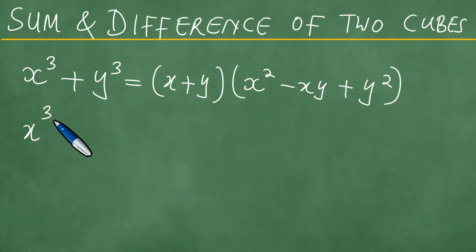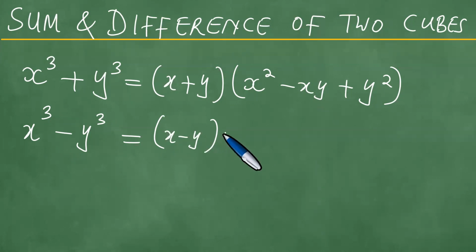If you are looking at x cubed minus y cubed, what are the factors of these, Rianda? What do you put here? You put x minus y. X minus y into what?